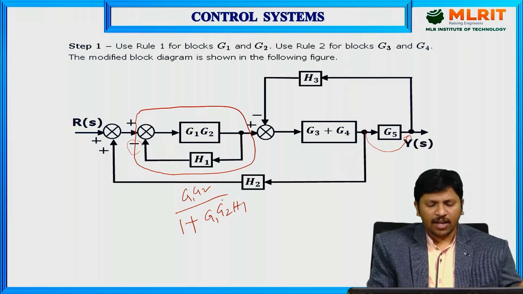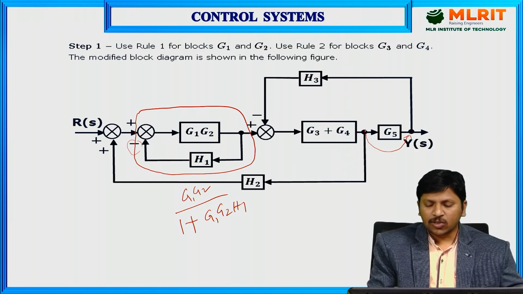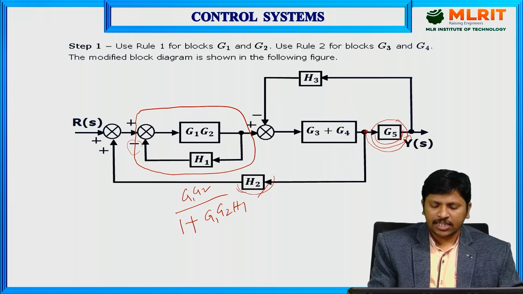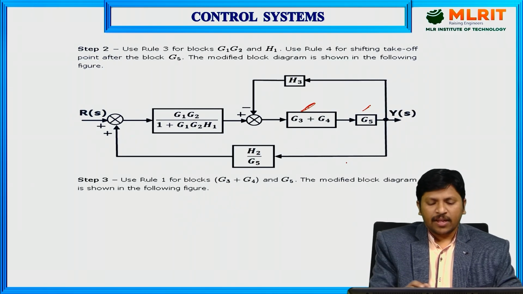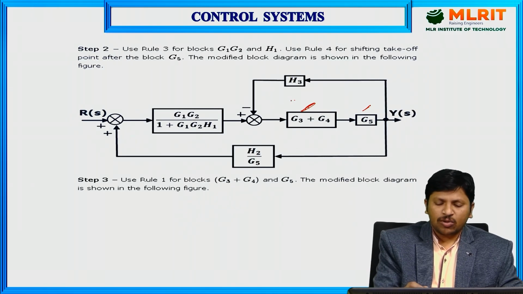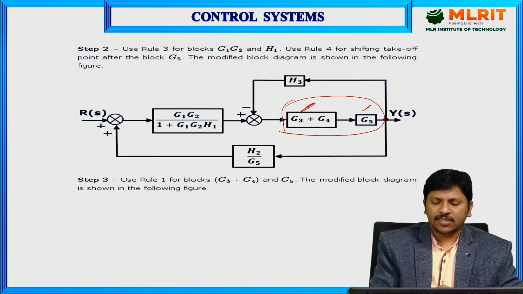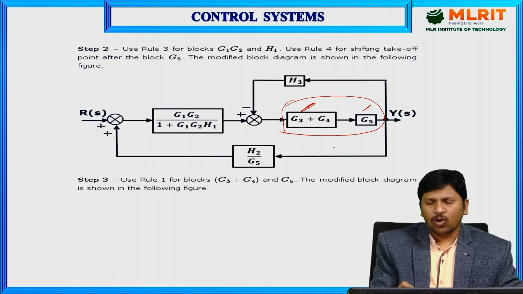Finally, we get the value here, and also here there is a take-off point. This take-off point is moved after the G5 block. So in the denominator of this feedback value, H2 is divided by the block value G5. Next, these two are again in series, so we apply the rule to eliminate the series blocks.